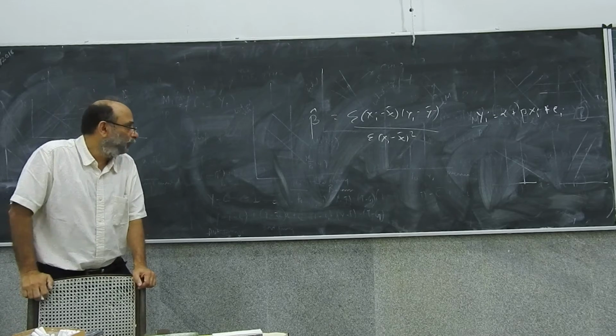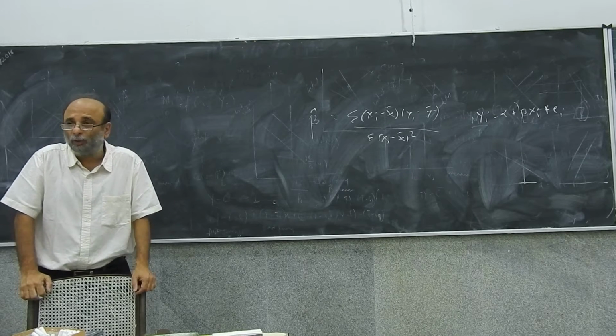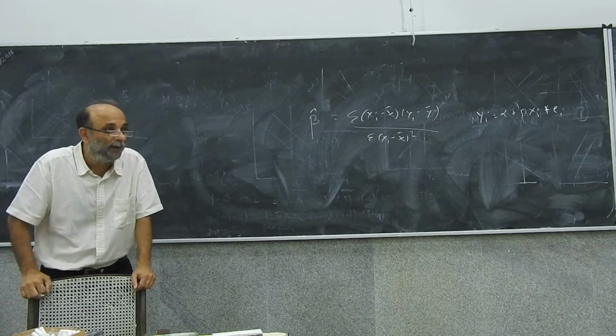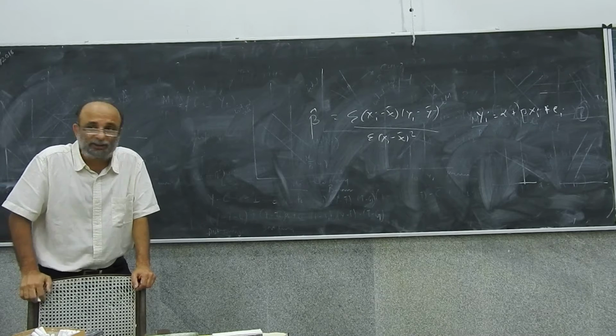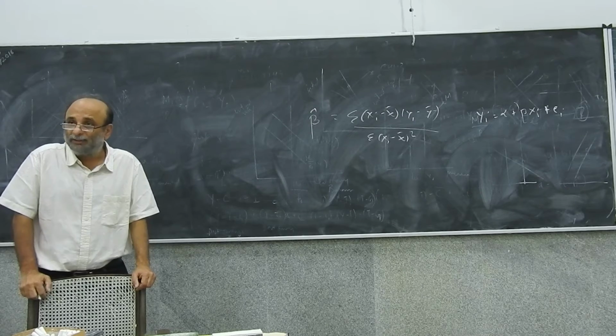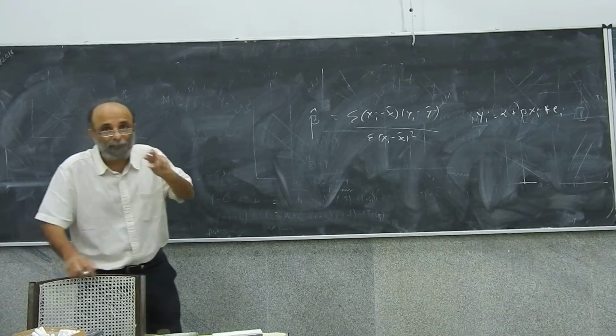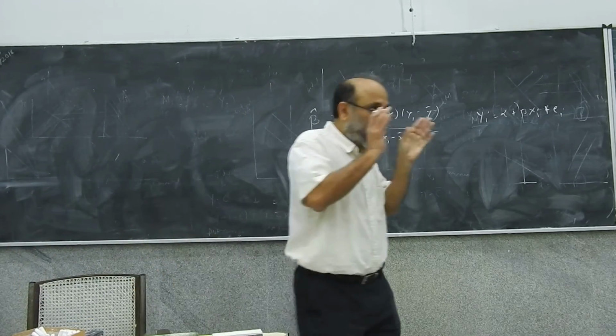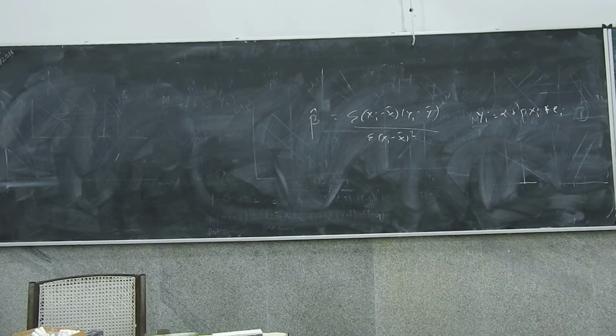Right? So there are two ways of looking at beta hat. One is of course to look at it as what you get by minimizing the sum of squares. The other, simpler way is to look at beta hat as an estimator of the covariance of xy upon the variance of x. I think the second idea is more useful, and that's the idea that we are going to keep on using because it's intuitively simple.